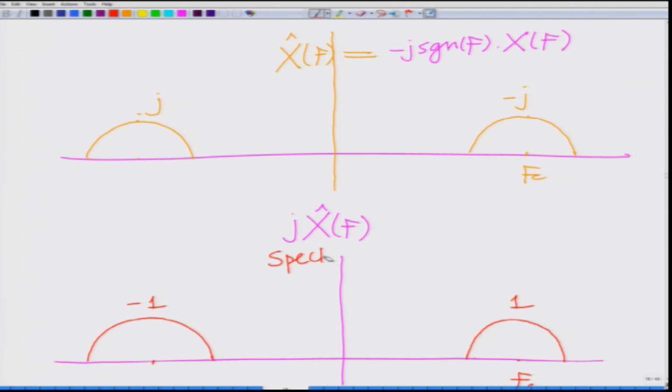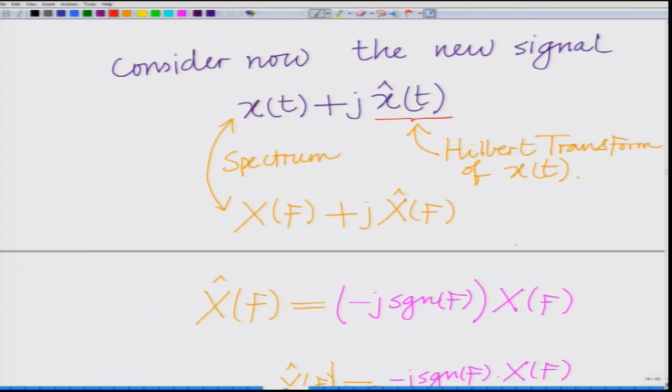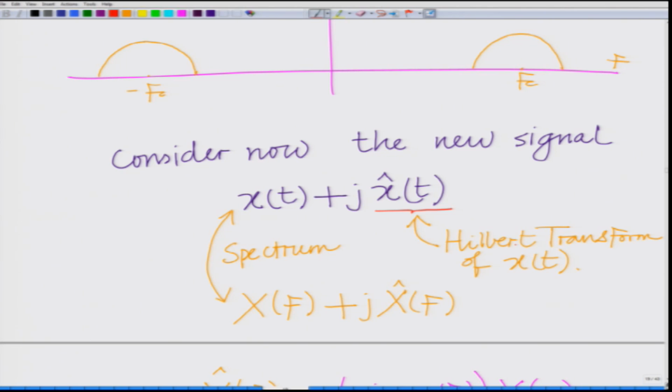j x hat of f is the spectrum of j x hat of t. Now, the spectrum of x t plus j x hat of t.